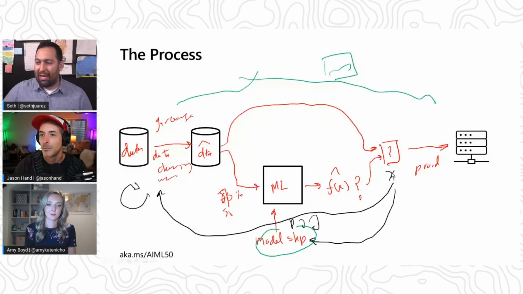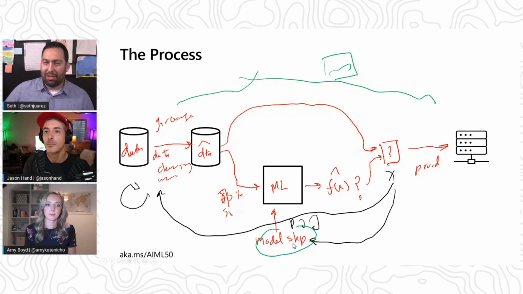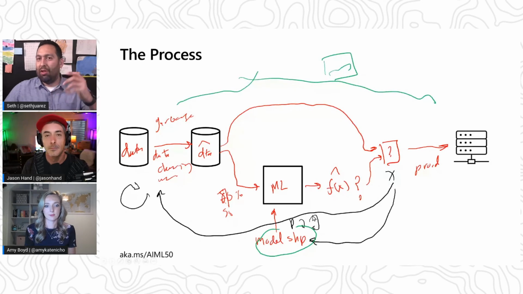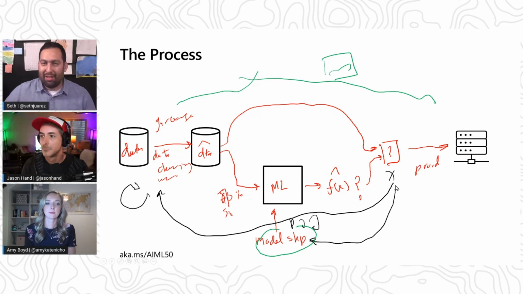You remember there was this part where we didn't know if it worked, so we had to do a for loop to change the model shape and the model parameters, another for loop to change the data. So imagine the scenario where you have a model shape and model parameters and a for loop to loop through different models and different model parameters. What AutoML does is it just does this for you. It selects a bunch of models, it tries them all, it tries different parameters, and it says, here's the best one that we found.